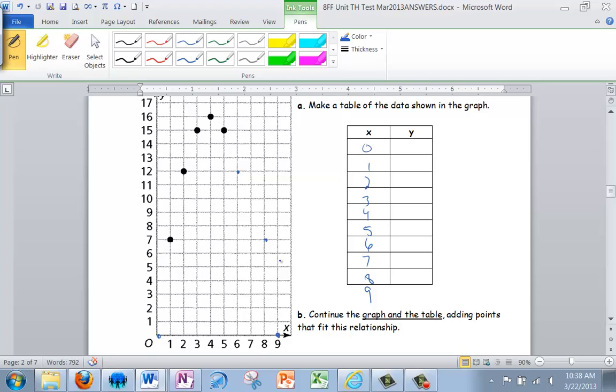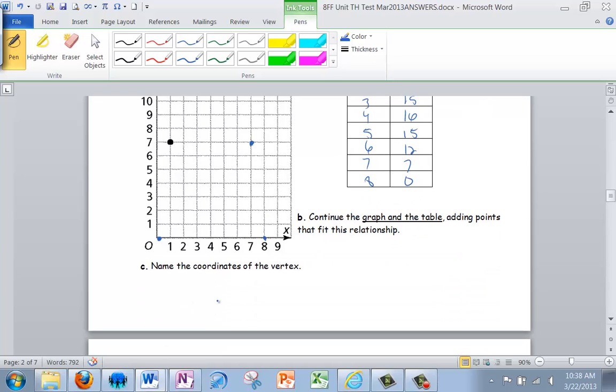I hope you caught that. This point here is incorrect, I believe. I skipped one, didn't I? So this goes here, and then the 8 is 0 there. Is that better? There we go. So these numbers should be 0, 7, 12, 15, 16, 15, 12, 7, 0.